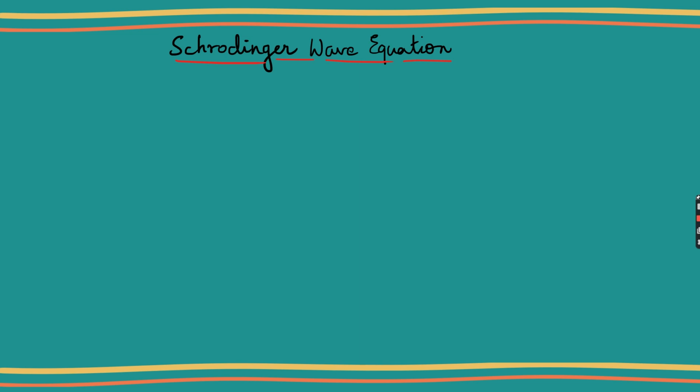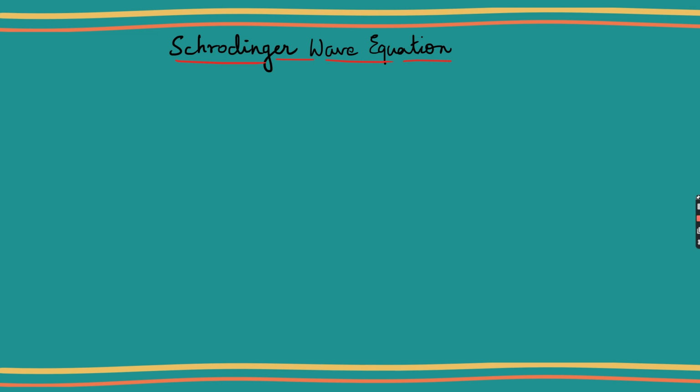Now we get the information on particles only when we have a wave function. The Schrodinger wave equation has the wave function in it, so on solving that wave equation, we can get our wave function. That wave function has lots of information on the particle, and when it is operated on by an operator, it will give us a lot of information.